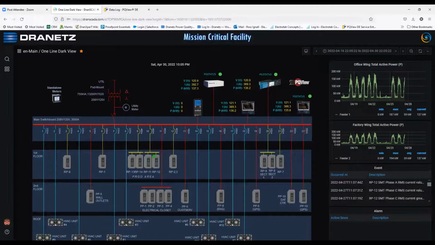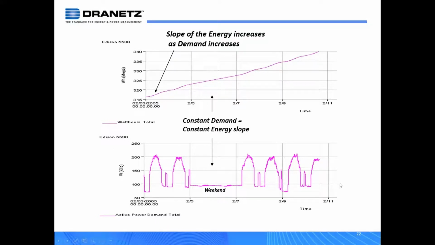I'm going to switch back to our PowerPoint presentation because it'll be easier to show the relationship between demand and energy. This is a 7-day demand curve, but also the relationship to energy being recorded at the same time. You can see a Thursday, Friday, Saturday, Sunday, Monday, Tuesday, Wednesday, and part of a Thursday.